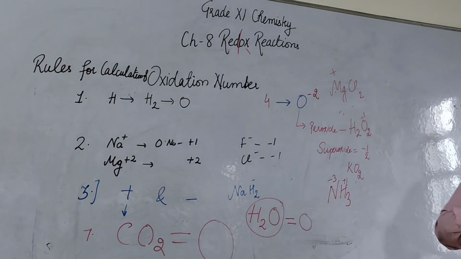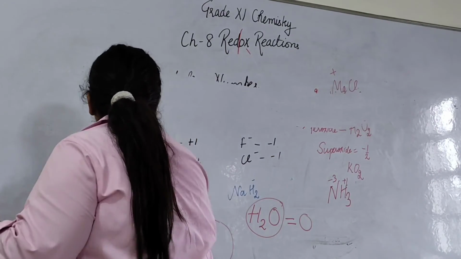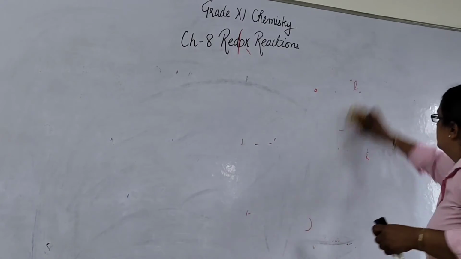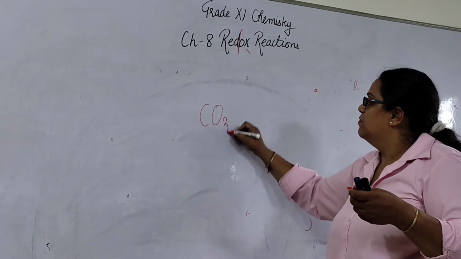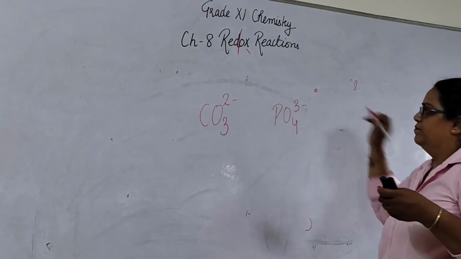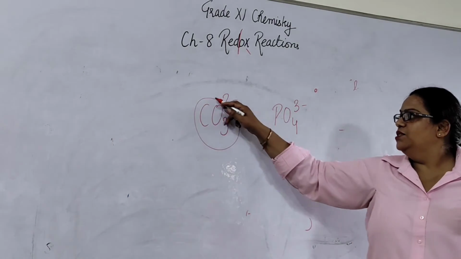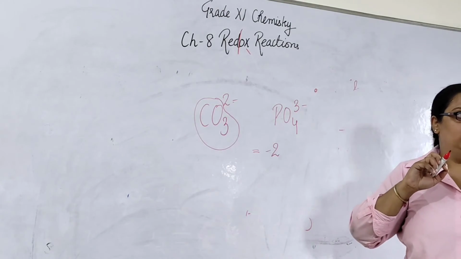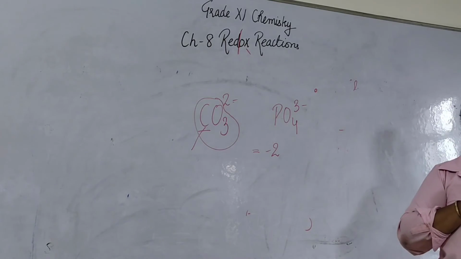But if I take the example of charged species, suppose carbonate, then the total charge must be equal to -2. Suppose in this I have to calculate the oxidation state of carbon.